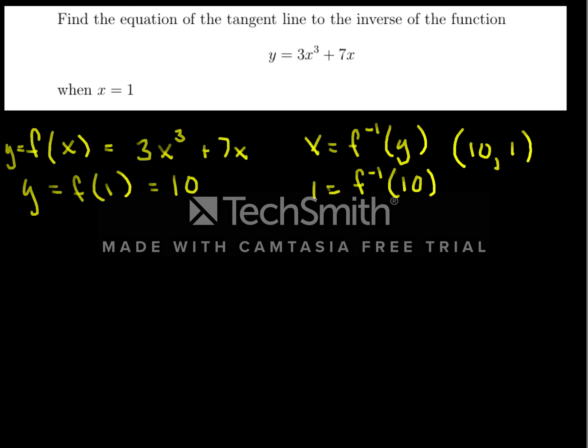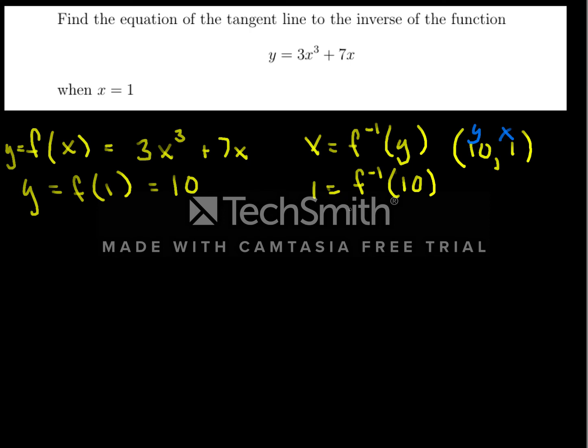And this is key about inverses. You've got to keep this straight, that we flipped the dependent and independent variables. So now the first coordinate corresponds to my independent variable, and my second coordinate corresponds to my dependent variable.